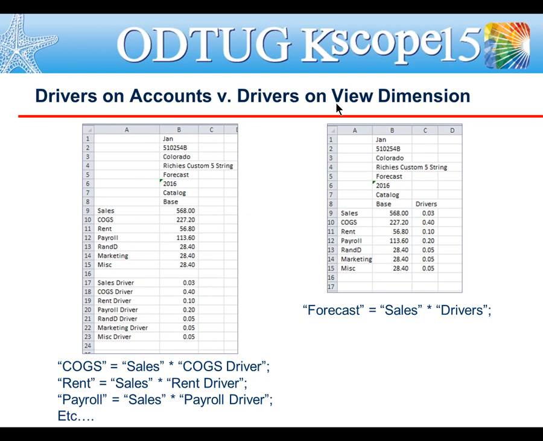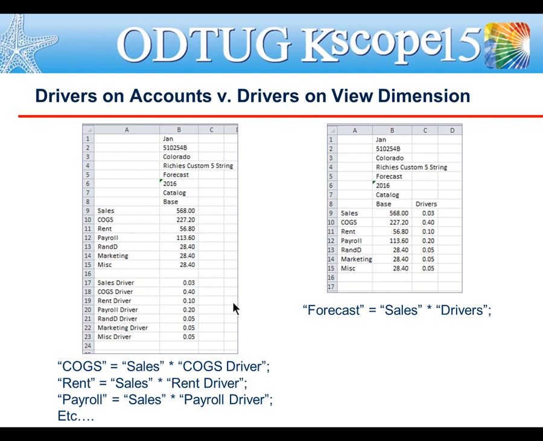So let's talk about drivers on the view dimension. Take a look on the left side, and this is a picture of a driver-based budgeting application where the income statement items are in the accounts dimension. And then in order to get drivers for each of our income statement items, we'll add a driver to the accounts dimension.